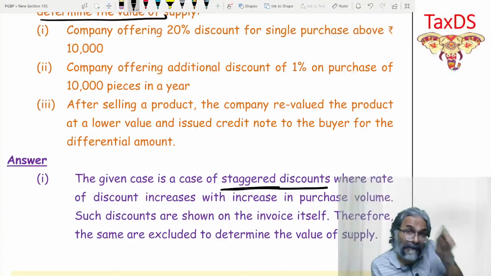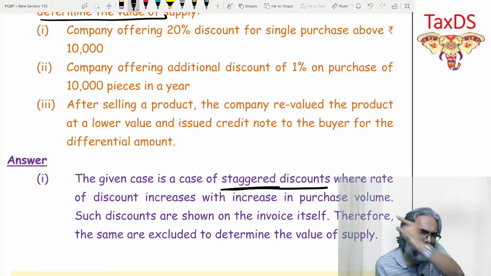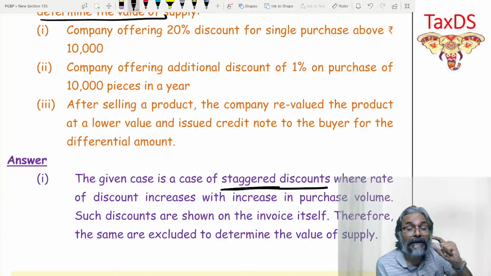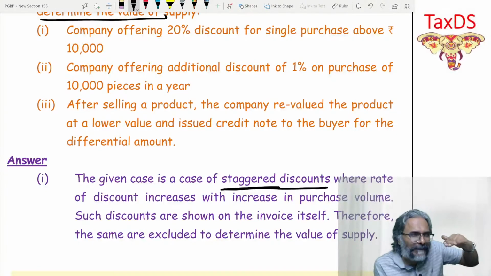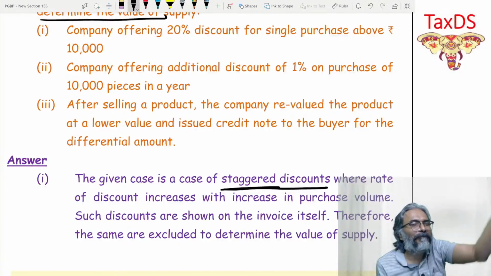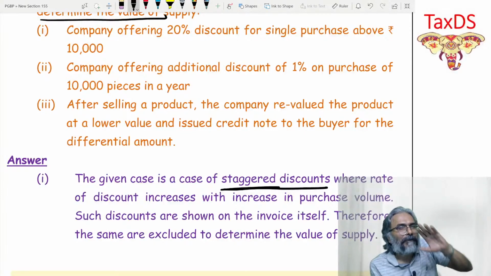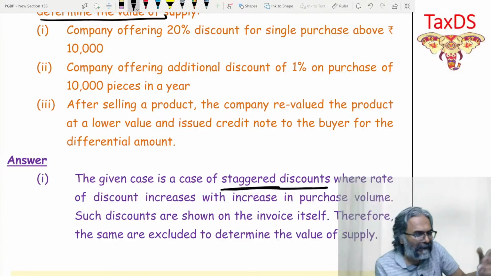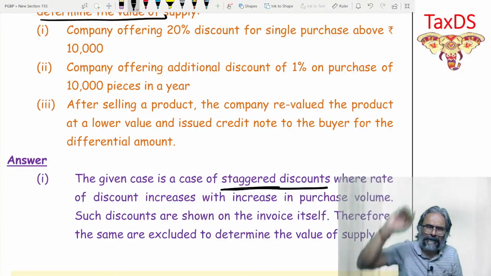But this is a case of a staggered discount, which means at the time of purchase, the discount is offered based on the quantity that you purchase. Here, although they should have told you very specifically that at 5,000 you would have got 10%, and at 10,000 you would have got 20%, and the assessee has taken 20%.